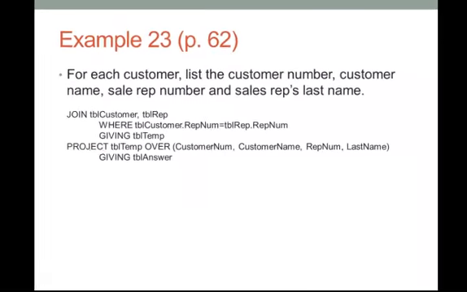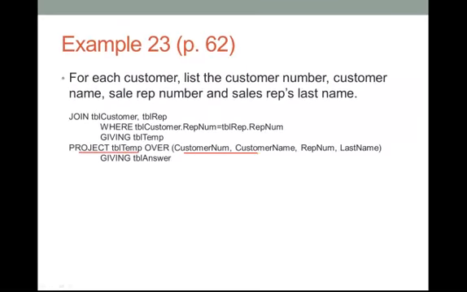So I'm saying from that table temp, give me the customer number, customer name, rep number, and last name, and put those columns into a temporary table called answer. So I'm joining the two tables together with the join column having to be represented in the where, and I'm storing that result in a temporary table. I'm then using that temporary table to select only those four columns that I ultimately want to see.